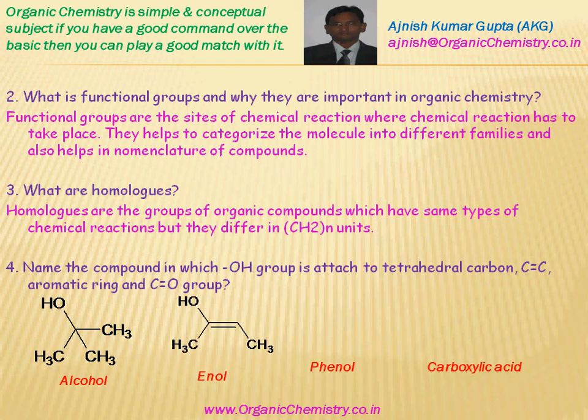But when OH group is attached to carbon-carbon double bond, it is called enol. En for carbon-carbon double bond and ol for alcohol, enol. But when OH group is attached to benzene or phenyl group, it is called phenol. Phenyl plus ol, it is phenol. When OH group is attached to CO, it is called carboxylic acid.